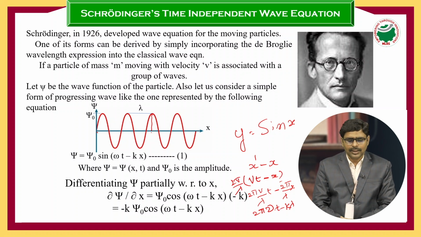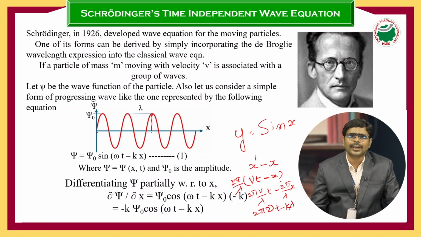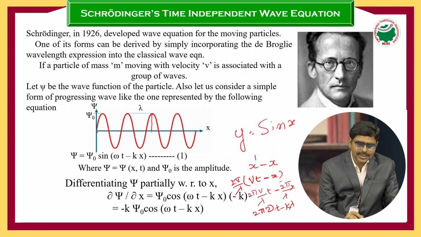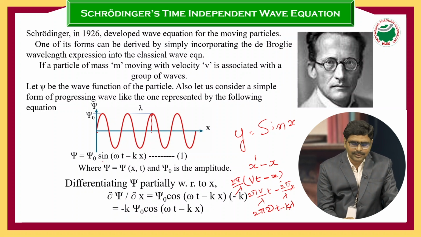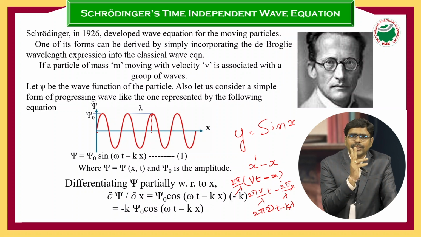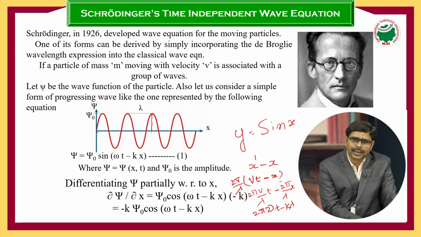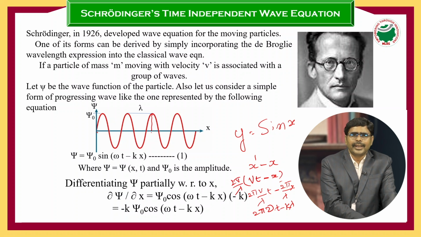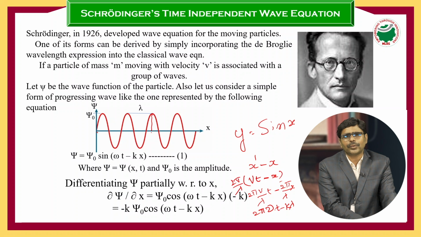That is the reason we represent the wave as xi equals xi naught sin(omega t minus kx). The function psi has two parameters, a dimension parameter and a time parameter, xi of x comma t, and xi naught is the amplitude of the wave.